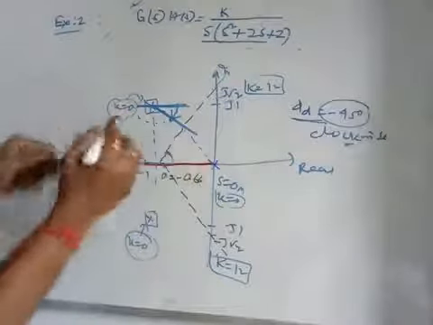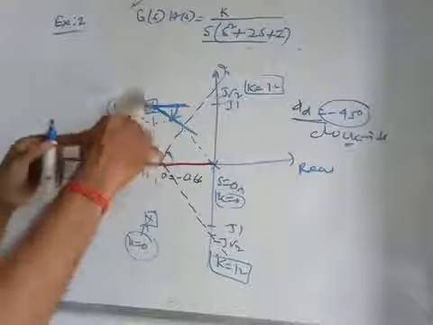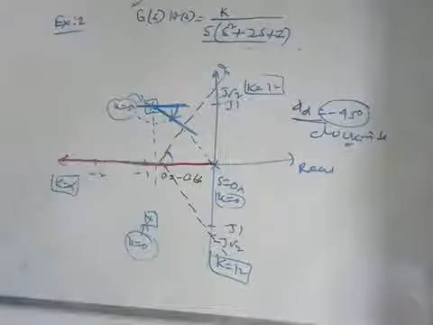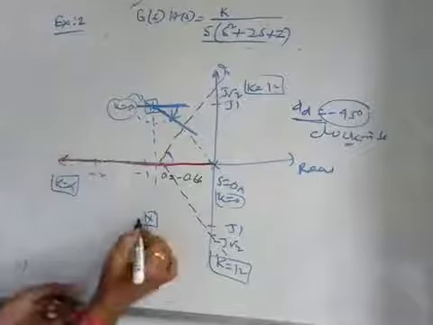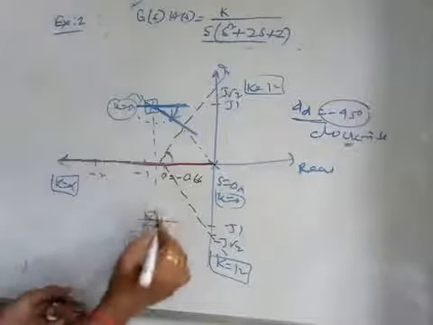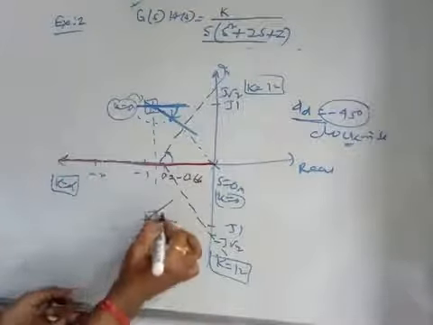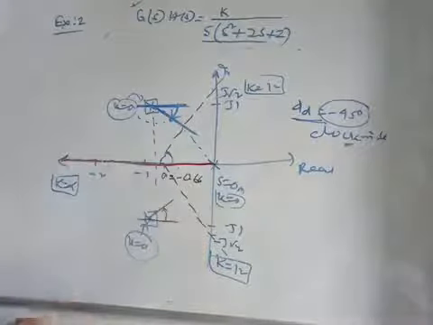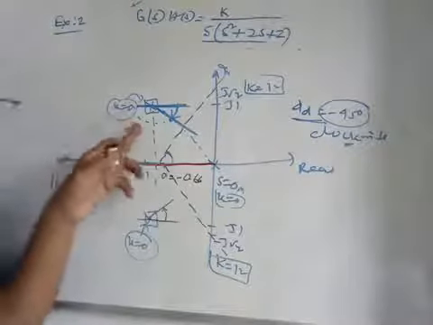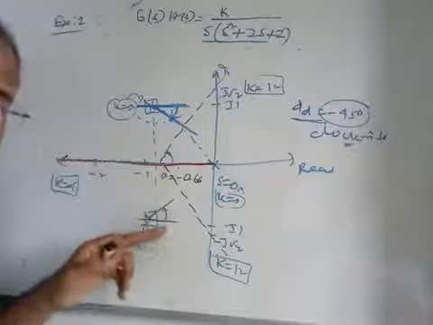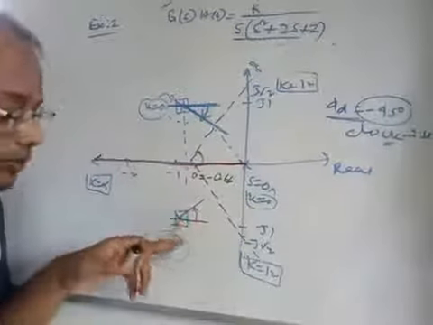So from this pole a branch will originate, and similarly, symmetrical to this, you have to draw the positive 45 degree angle. If this is contributing an angle of minus 45 degree, this is definitely contributing an angle of plus 45 degree.